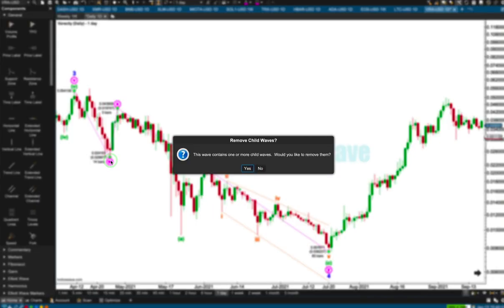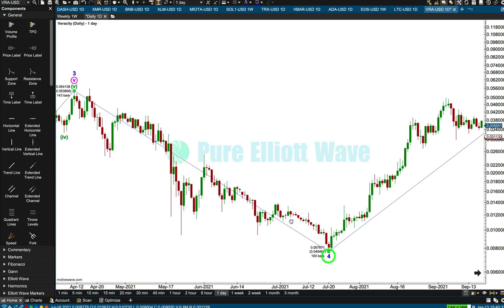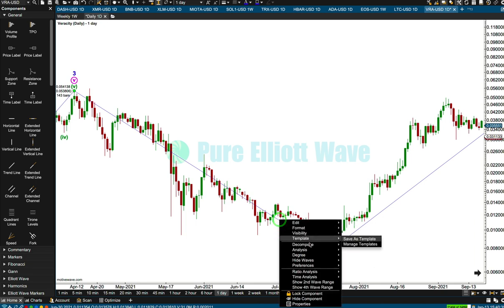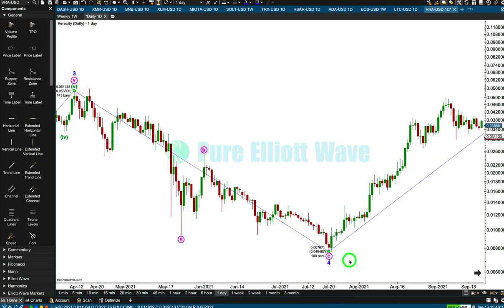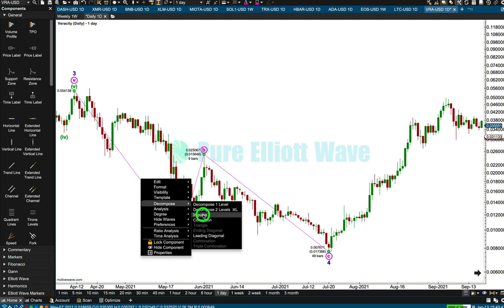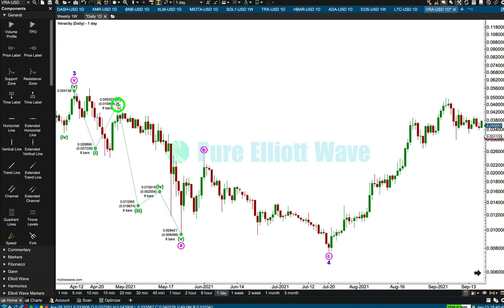Okay, that is not a double zigzag. Let's try a single zigzag. Well, we've got the same problem. Wow, and now we've got more problems with overlapping. There's an overlap here. I'd want to put this here.